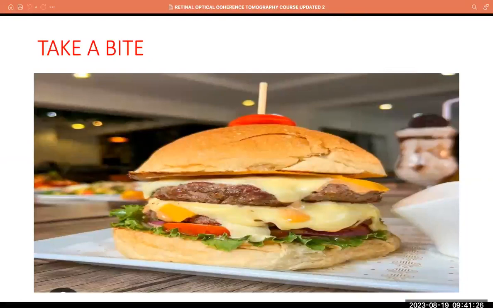Looking at this, I know most of us may have had breakfast, but this can actually be used to depict the retina in several ways. If you say take a bite, the machine will take a bite from up, down, and from left, right at the center.